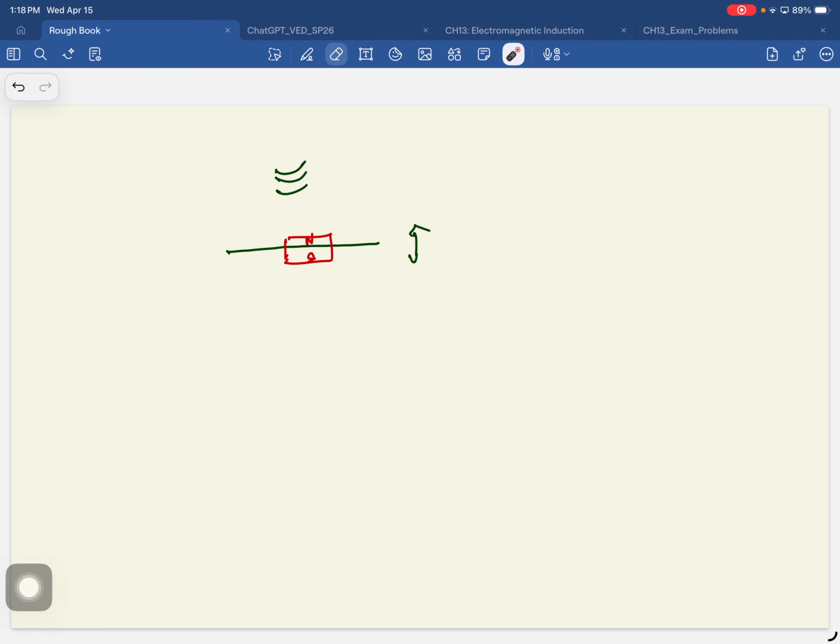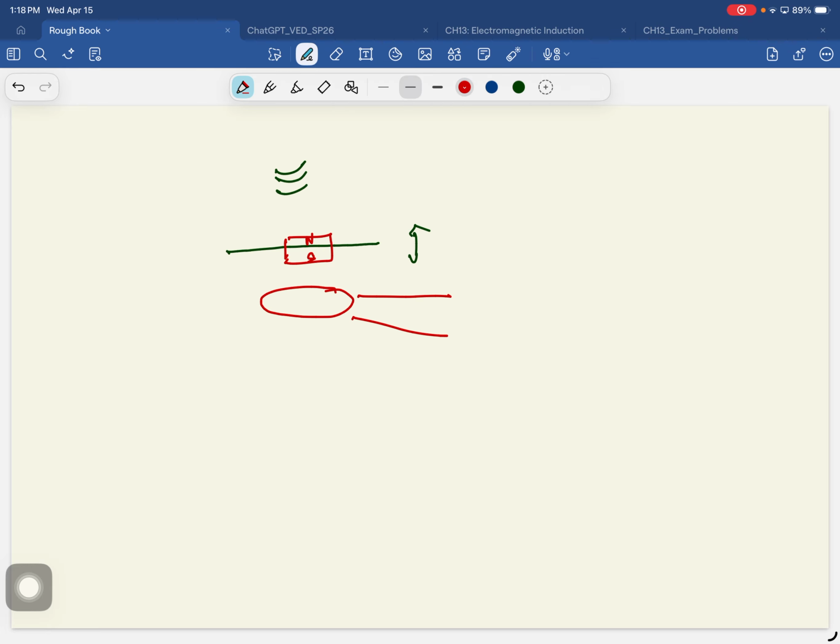And how do you sense the motion of that magnet? Put a sensing coil. And what you get is a changing current. So you converted this vibration into a time-varying electric current. And once you have current, then you can feed it into an amplifier and a speaker and all that kind of stuff. So this is a microphone.